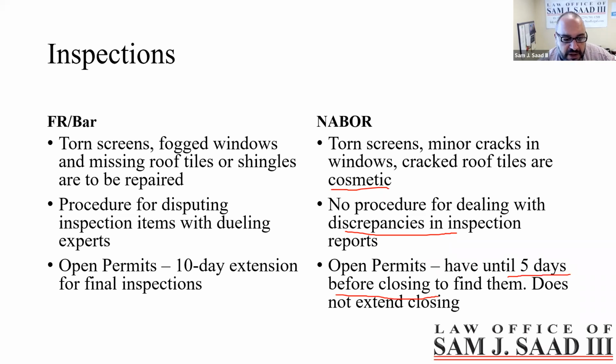And even though there's no extension if you do find open permits, under FAR-BAR, it could be up to a 10-day extension for final inspections, but you've got to find your open permits within the inspection period. So that's a little back and forth difference between the two of them with regard to open permits. Questions about inspections?